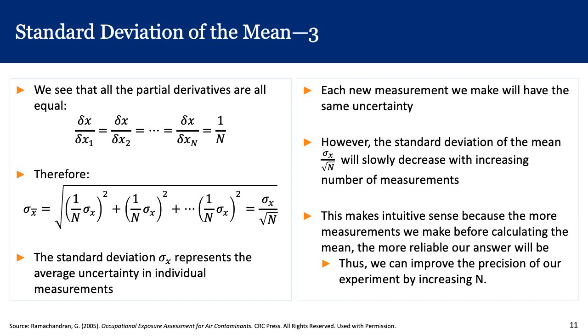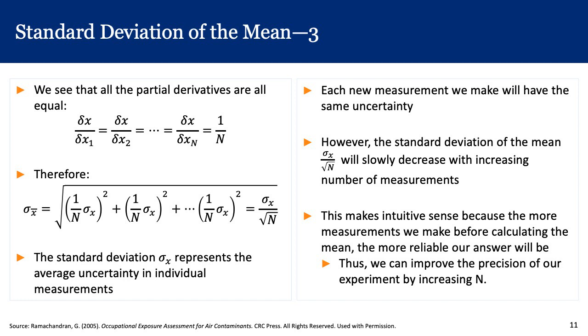Each one of these partial derivatives is equal to 1 over n. And so the uncertainty in our estimate of the mean, sigma of x bar, is the square root of (1 over n times sigma x) squared plus (1 over n times sigma x) squared, all the way up to the last one, (1 over n times sigma x) squared. And so it simplifies to sigma x divided by the square root of n.